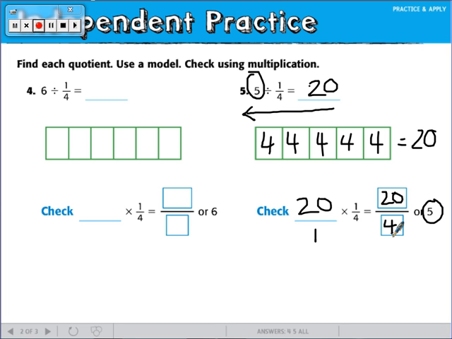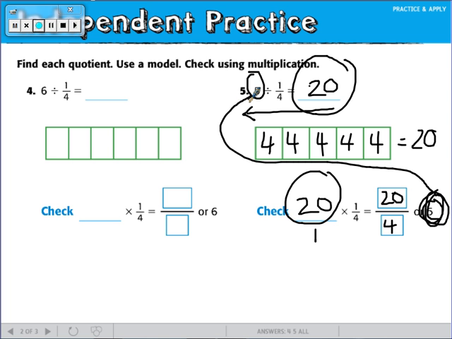So 20 over 4 does equal 5. My answer is 20, but when I check it, my answer goes into the problem, which means my answer is 5 when I check it, which needs to match that. Get it now, Anderson? Yeah.